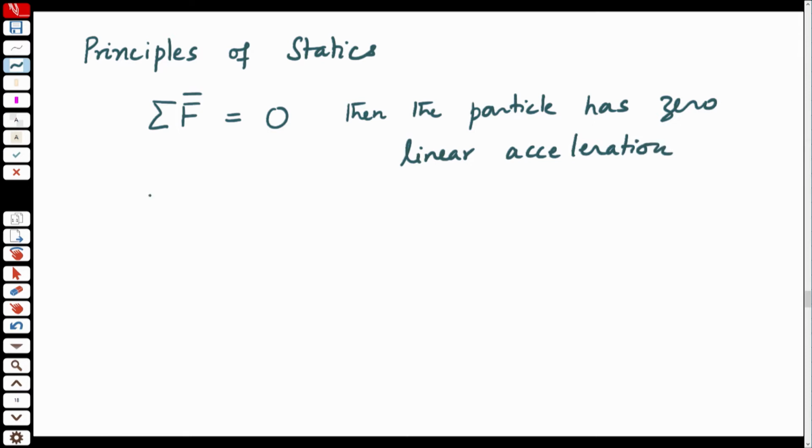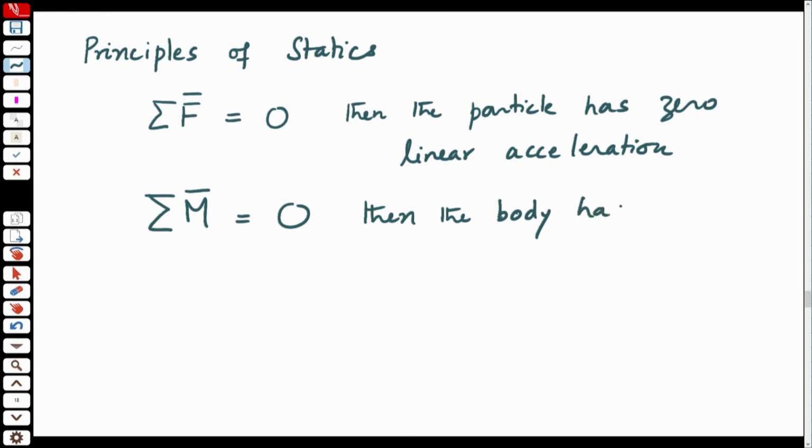And for a rigid body, if the sum of the moments about any point is equal to 0, then the body has 0 angular acceleration.